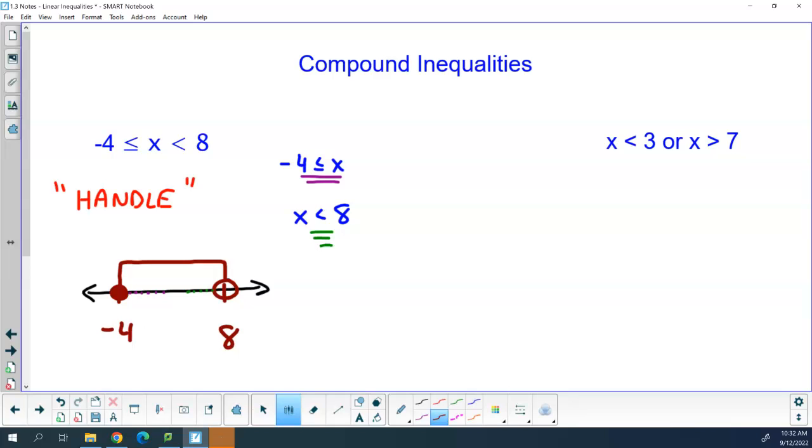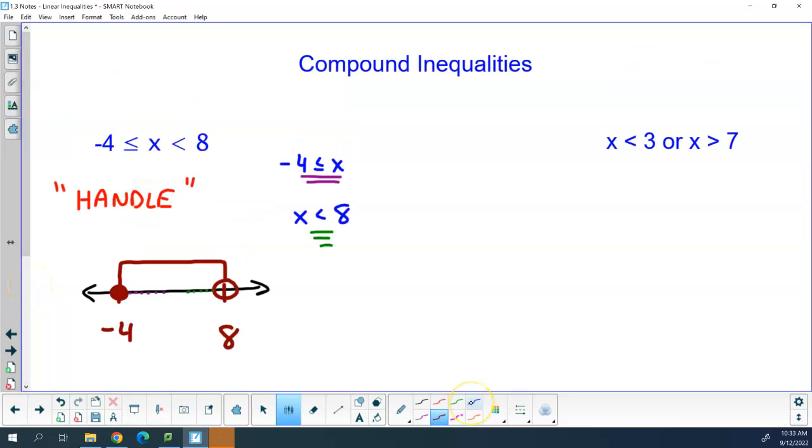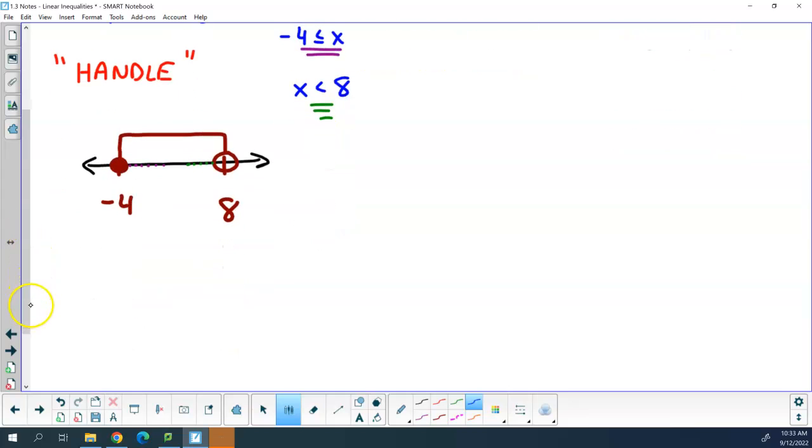The interval notation for this one would be bracket at -4, parenthesis at 8.